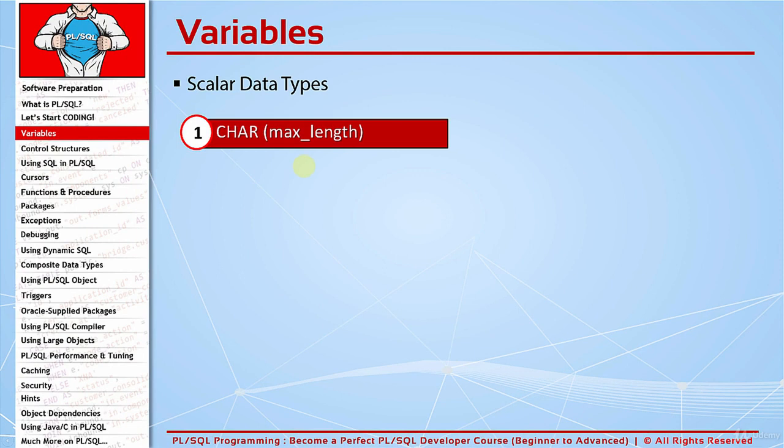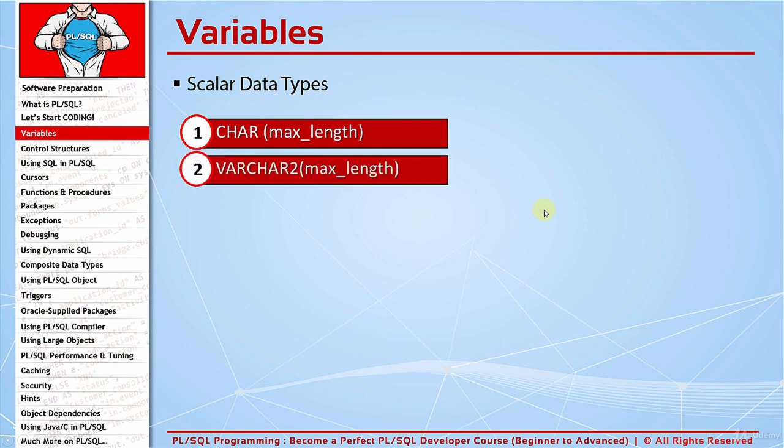So let's start with the char max length. Character data type. We can think of it as string or text. We can specify its maximum length up to 32,767 bytes. If we do not specify anything, the default value is 1 byte. And VARCHAR2, an extended type of char type.